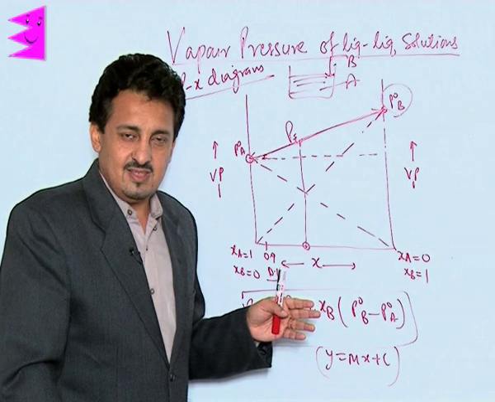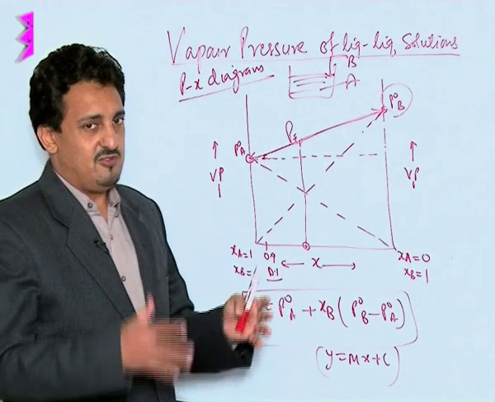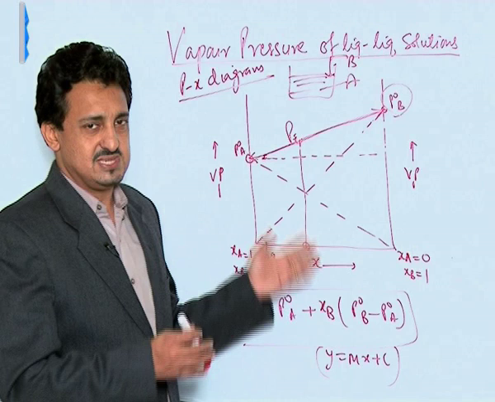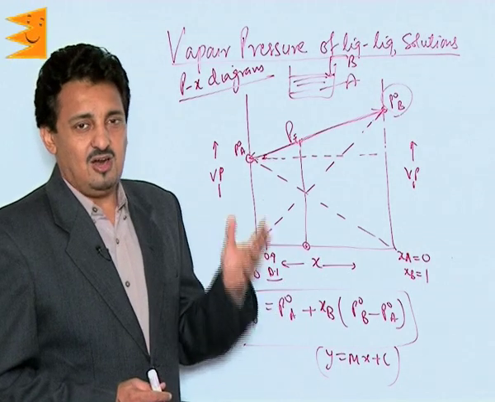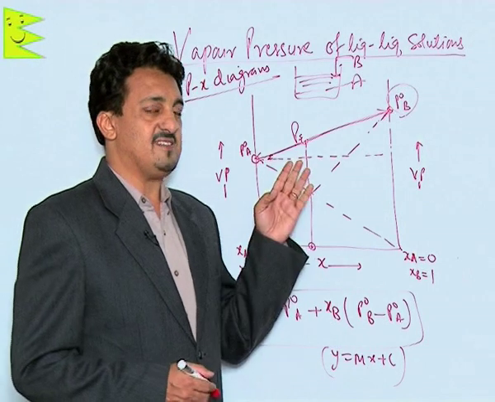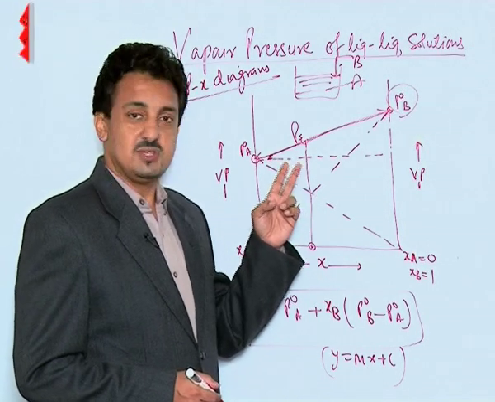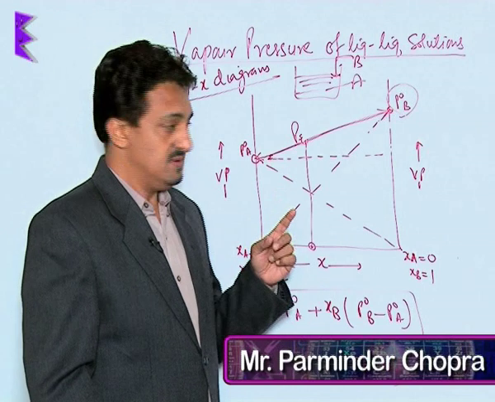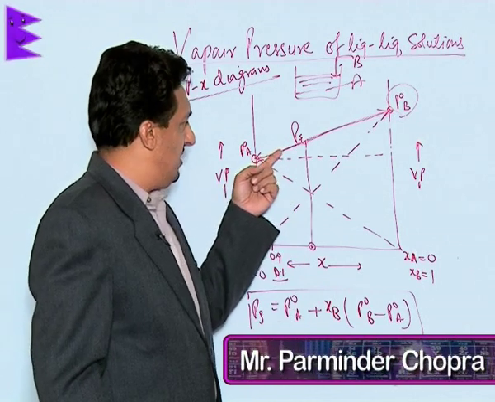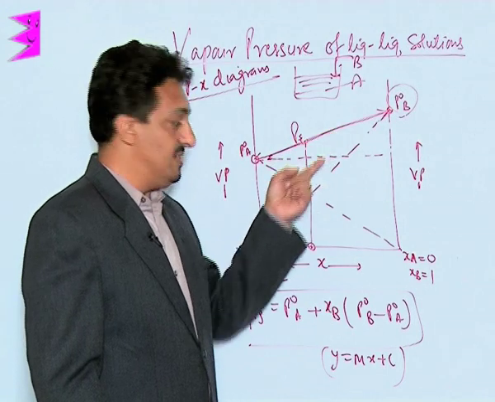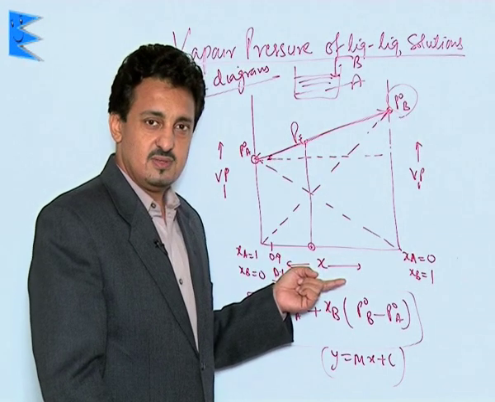Or in other words, all those solutions which follow Raoult's law and whose graphs come out like this, a straight line, are called ideal solutions. From this PX diagram, we can also make out one or two very important things. The first: the vapor pressure of the solution varies linearly with the composition of the solution.